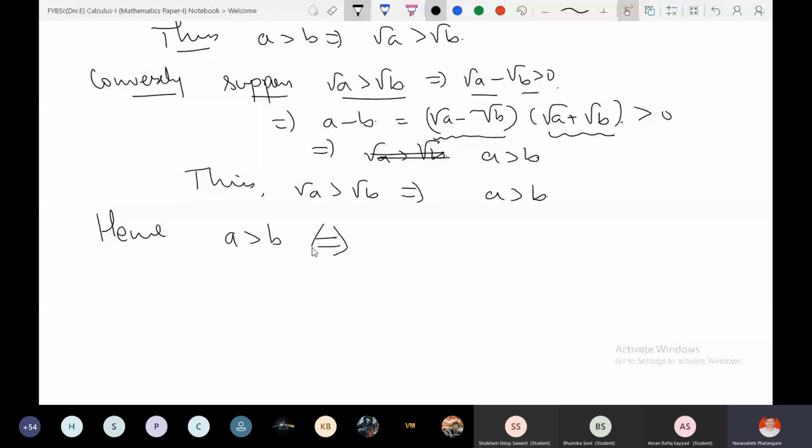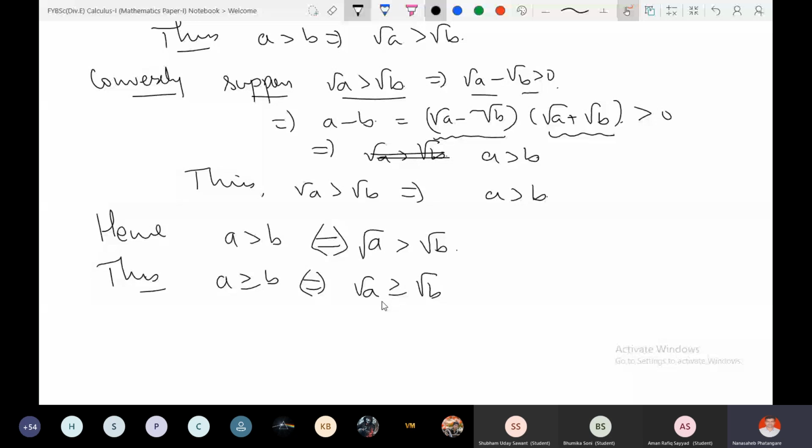Equal is not an issue because equal is obviously true, and therefore the final conclusion: a is greater than or equal to b if and only if root a is greater than or equal to root b, because equal is not the point of worry, because it is obviously possible, right?